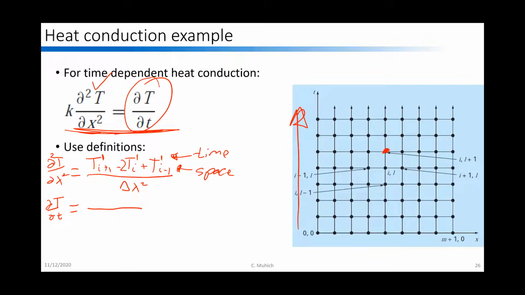So we need to have that L plus 1, and it needs to refer to this point back here. So we can say that my next point, L plus 1 at any point i, minus my temperature at my current time step, over my change in time step, is equal to that derivative.